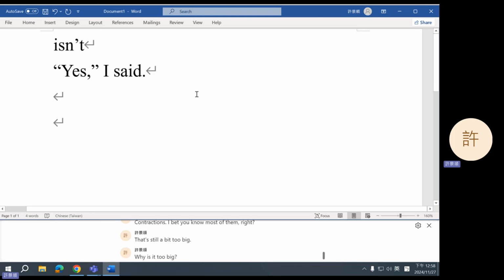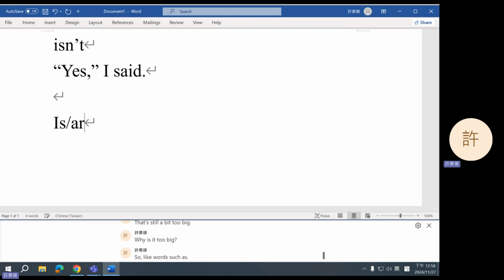So words such as is and are and not are often contracted. So let's take the nots first.